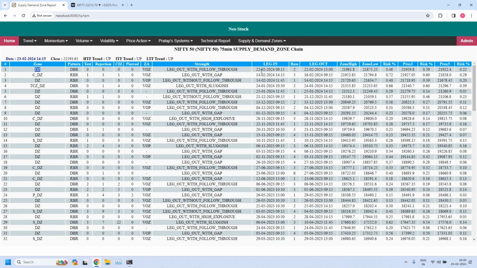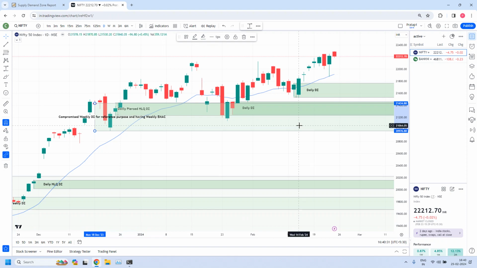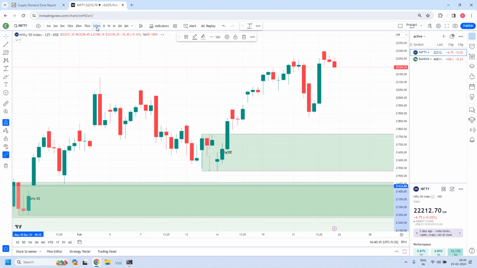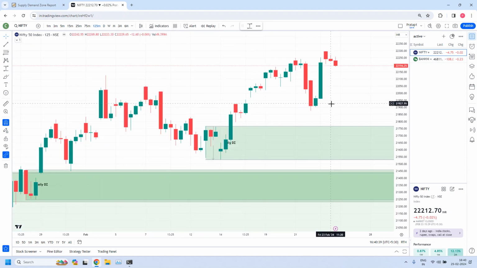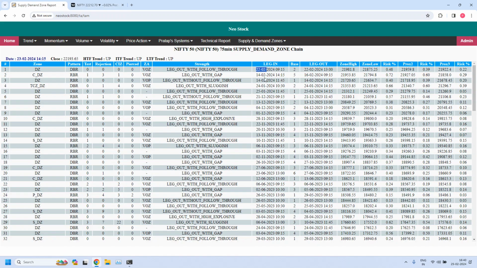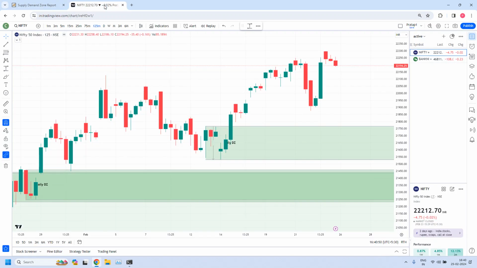the 125 minutes zone. So it is the 22 February 9:15 candle, after the 2 base candles. I am changing the time frame to 125 minutes. Let me check the date. It is the 22 February.